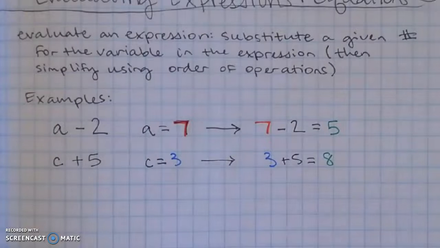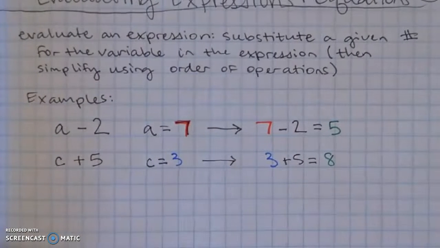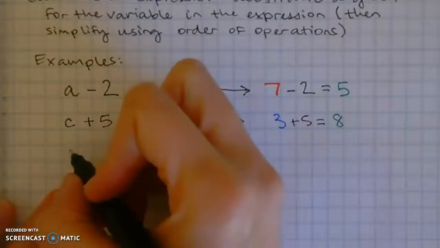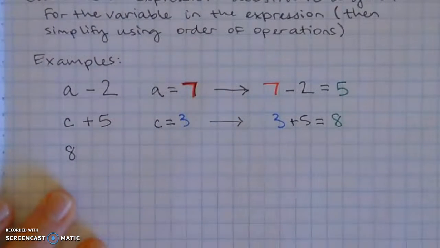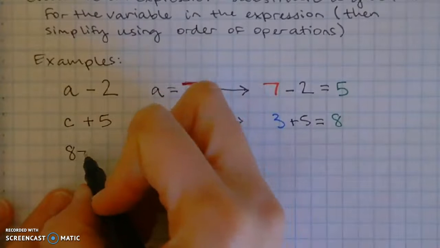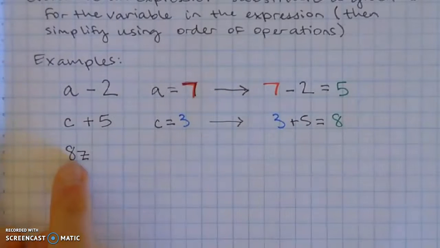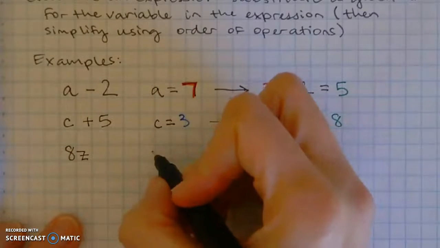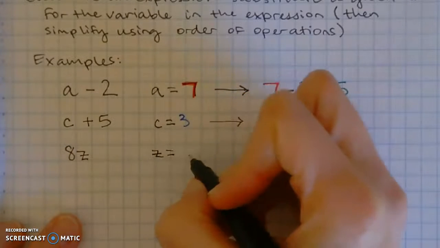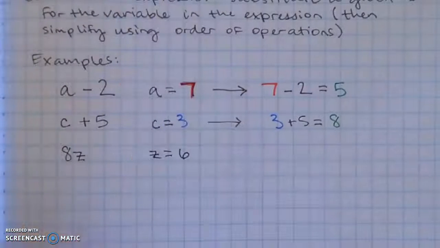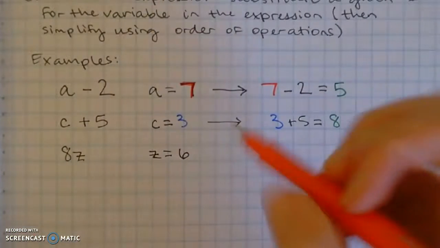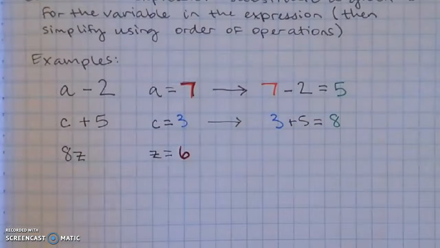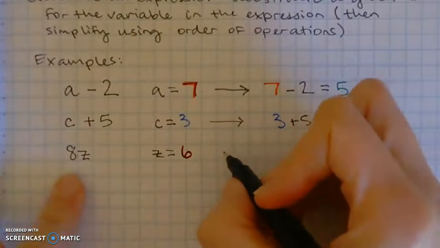Let's move on to practicing some multiplication and division ones, okay? So I'm going to start with a multiplication one. Now, just a reminder, if you see a variable bumped up next to a number, you're multiplying that variable. So if z equals, in this case, z is going to equal 6, then I'm going to multiply 6 by 8.